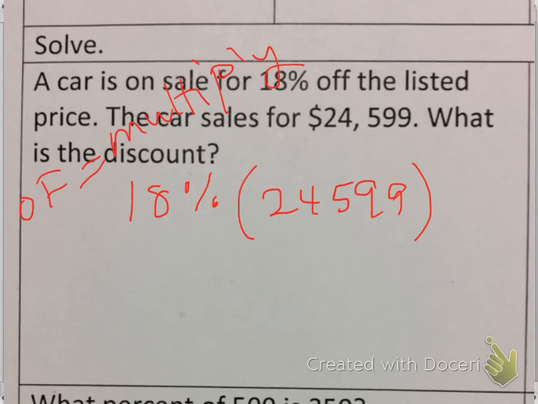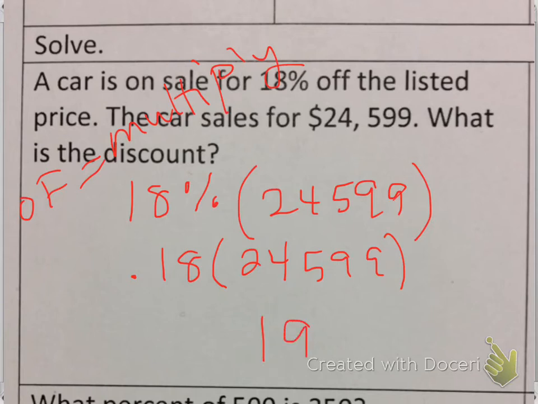$24,599. So on my calculator, I can put 18%, but I'm going to change it to a decimal point number and just do 0.18 times 24,599. And then just let my calculator do that work for me.